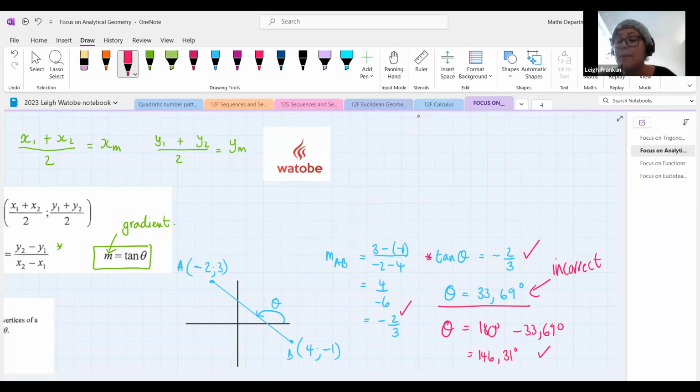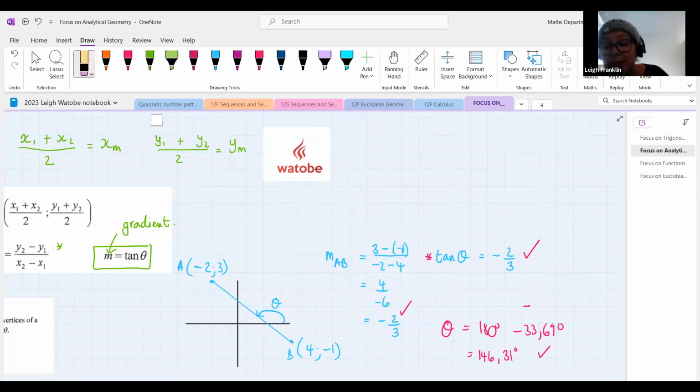So I'm going to rub it out and I'm going to show you something else that students do here that is allowed, but it's not the way I teach it. But just because it's not the way I teach it doesn't mean that it's wrong. Okay, so some teachers, and it really depends on what you've learned at school, teach you to calculate the angle using the negative.